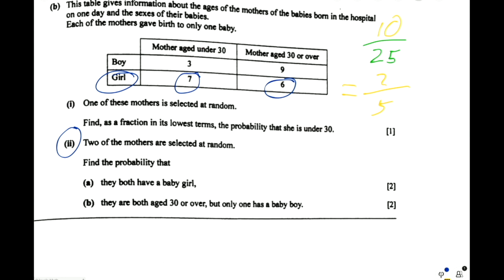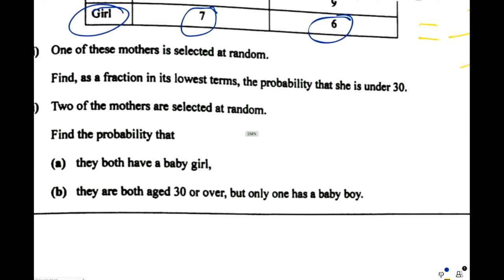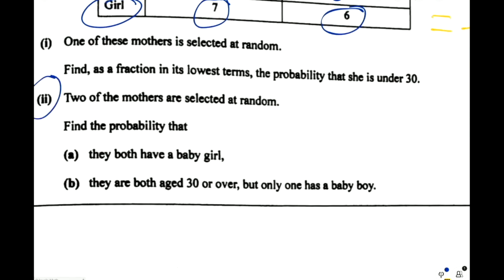So first selected one. Now for both to have girls, first selected is 13 upon 25. Okay, now because this is a selection of 2, both have a baby girl. That means first and second. Can you see the word and? Means you must times.